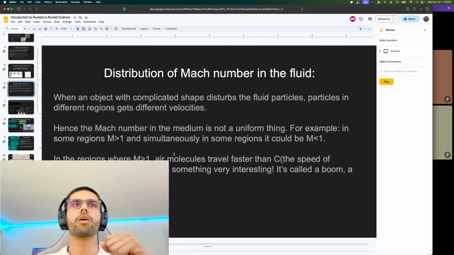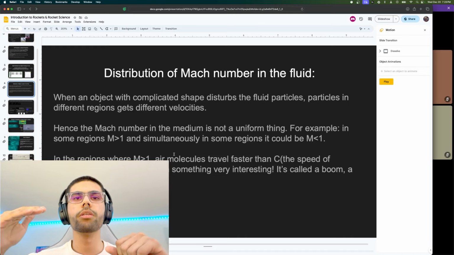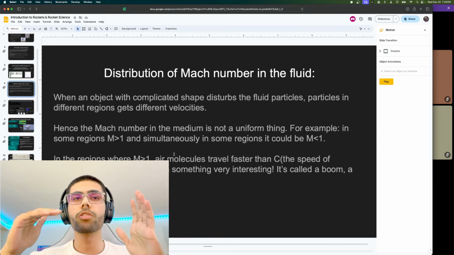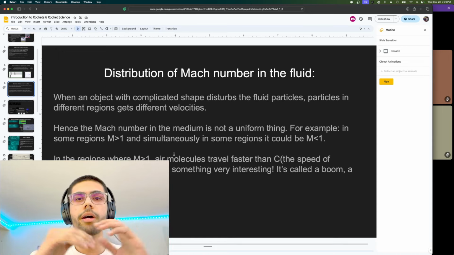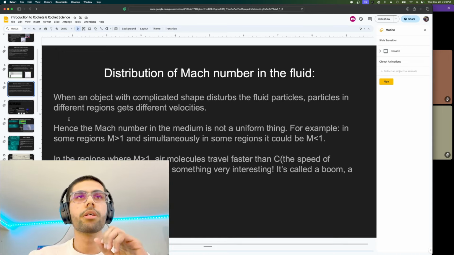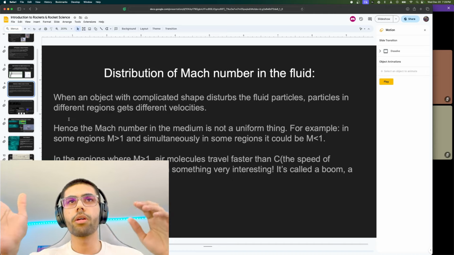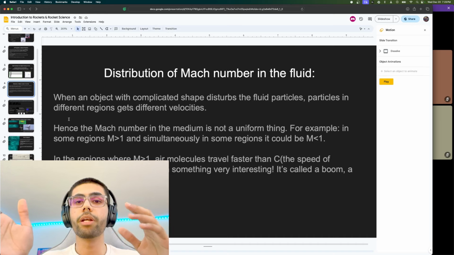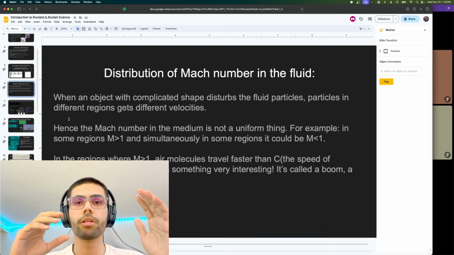We talked about how complicated shaped objects could give different speeds. They can disturb air molecules differently. For example, air molecules hit by a wing of the aircraft could move at different speeds than those at the nose cone of the aircraft.